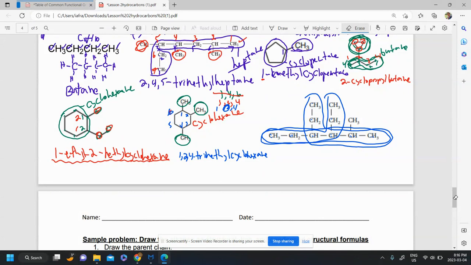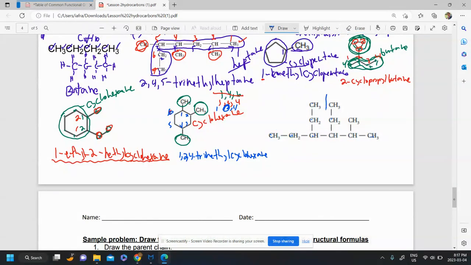So if you look over here, suppose I went with this situation here. You'd only have 1 and 2 substituents. And that's a possibility that could work.